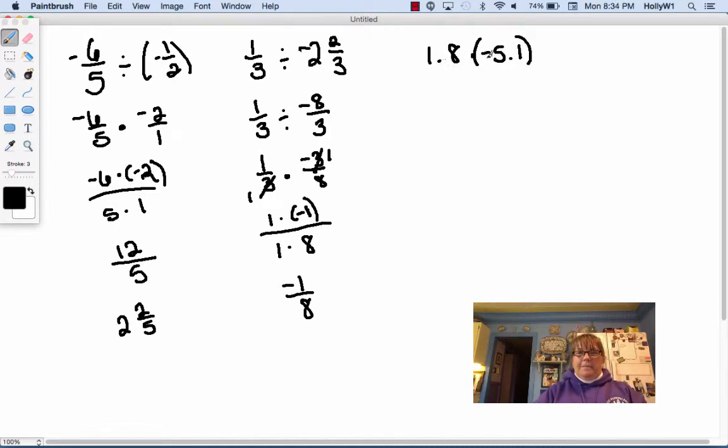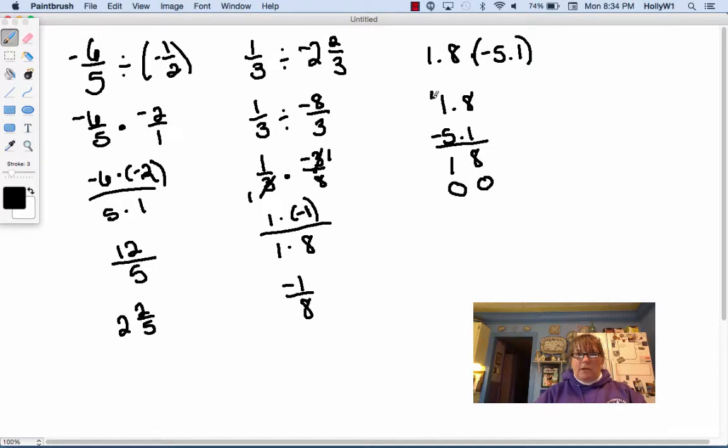Now I'm going to switch gears a little bit, and we're going to talk about multiplying decimals. So we're going to say 1.8 multiplied by -5.1. So we're going to start multiplying. 1 times 18 is 18. This becomes 0. 5 times 8 is 40.